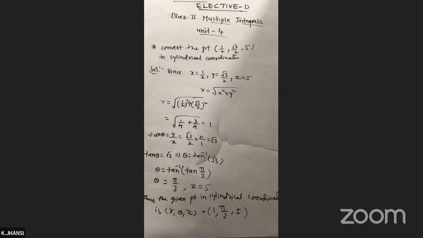In unit 4, only one last topic is there, that is Jacobians. Jacobians is nothing but, whatever two functions are given, that is, if u and v are functions of two independent variables x and y, then the determinant of dou u by dou x, dou u by dou y, dou v by dou x, dou v by dou y is called the Jacobian of u and v with respect to x and y.